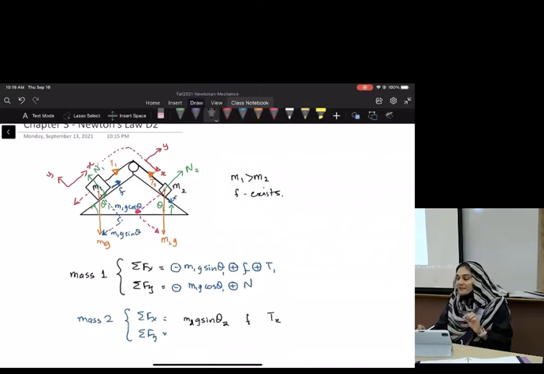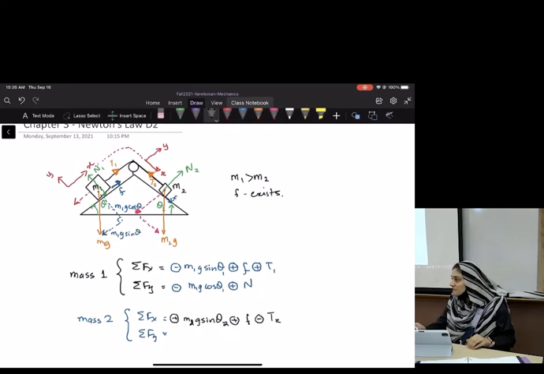Now it makes our life easier because immediately your eye goes to your x and y coordinates, plus and minuses. It should have it immediately. Which ones are plus? Oh, actually, what is the sign for M2G sine theta 2? Yes. Our coordinate system bent. Woohoo. And what is friction? And what is tension?